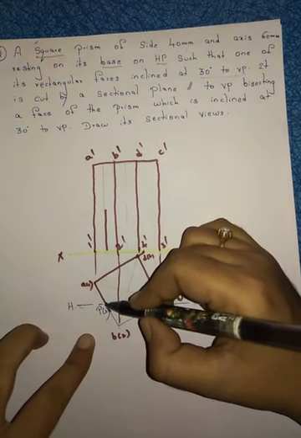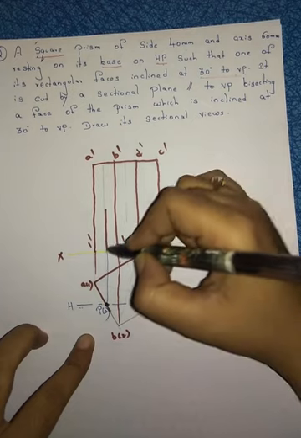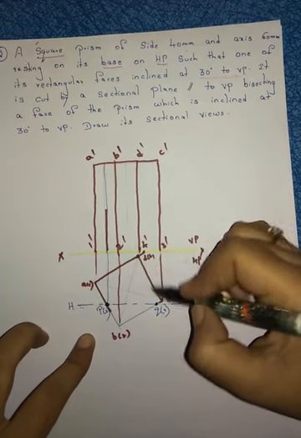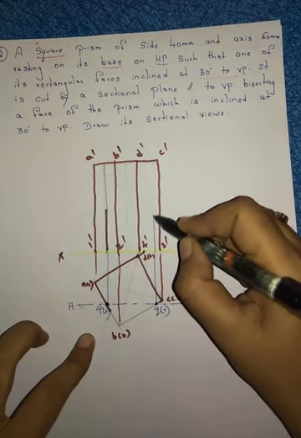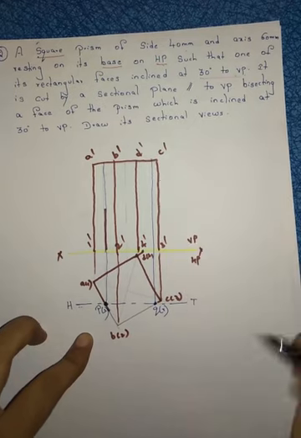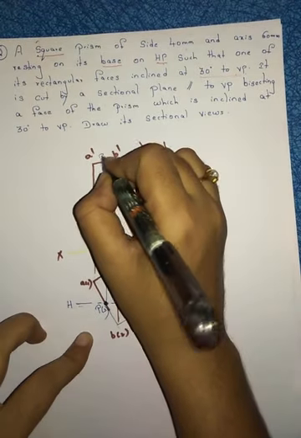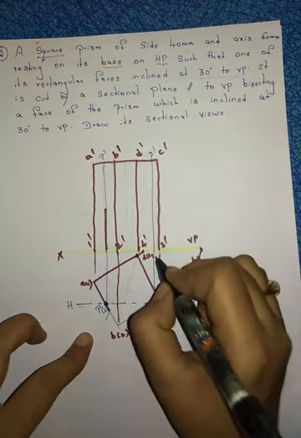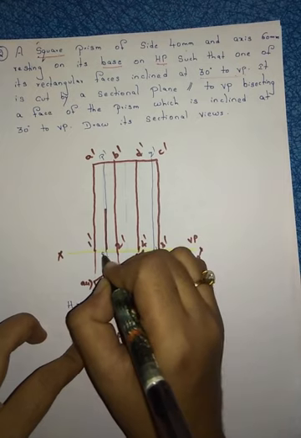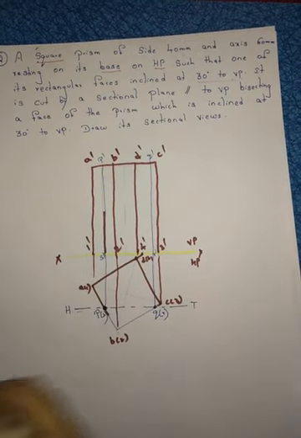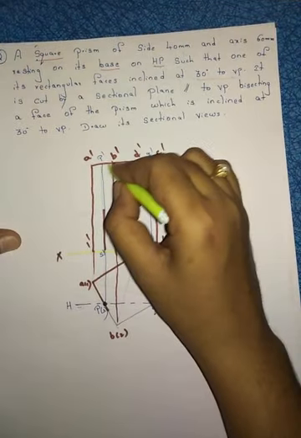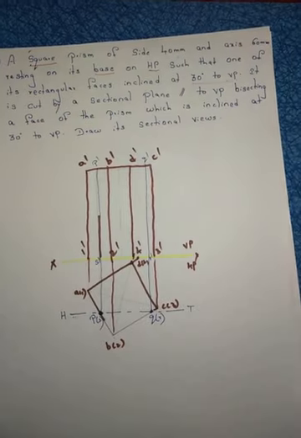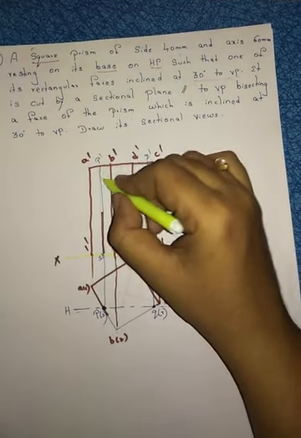After that, from P, draw a straight line. Right? From Q, draw a straight line. Right? This is your P dash, Q dash, R dash, and S dash. Right? Now draw the hatching lines for this sectional view.